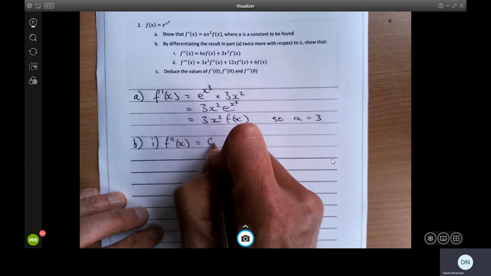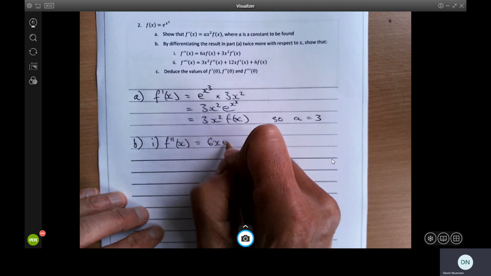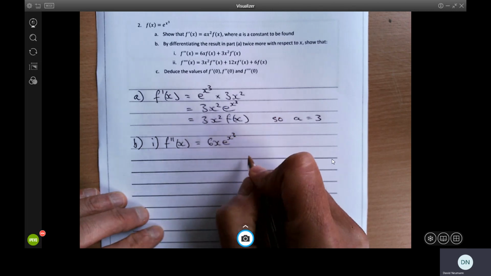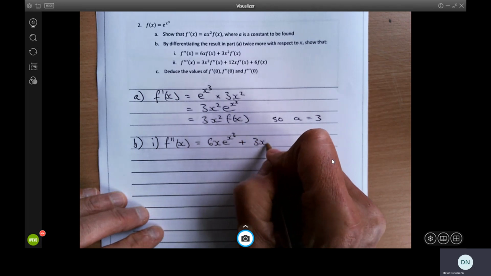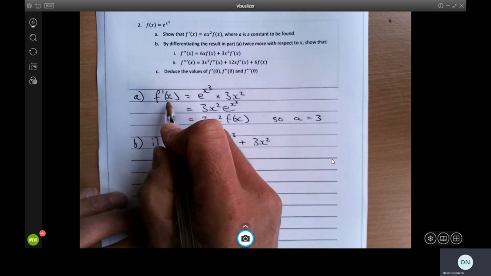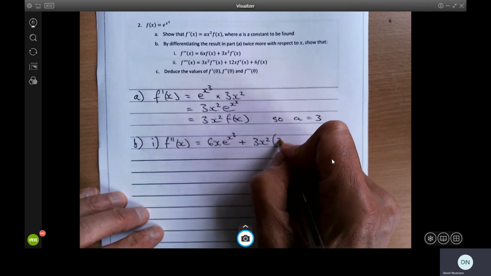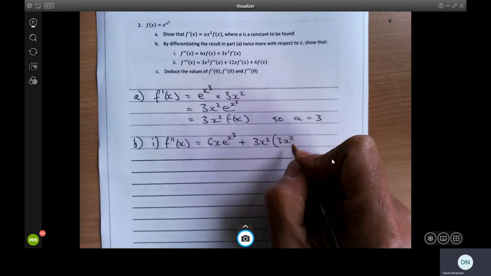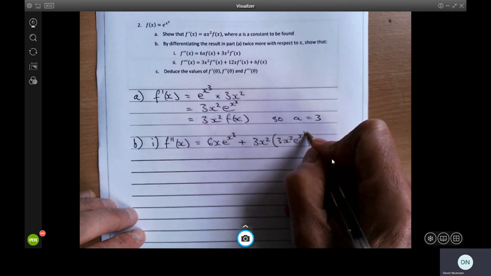So that's going to be 6x times e to the x cubed, plus then we've got 3x squared times the derivative of e to the x cubed. Well, the derivative of e to the x cubed is just this whole thing, isn't it? So 3x squared e to the x cubed.